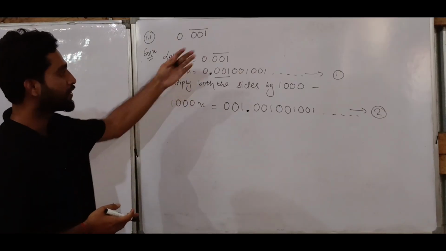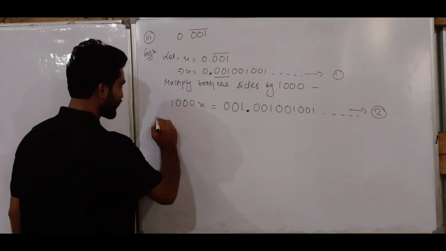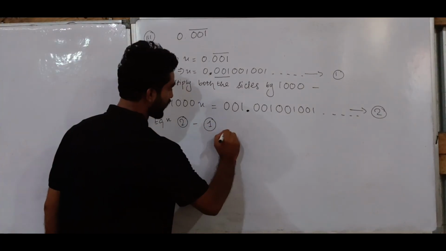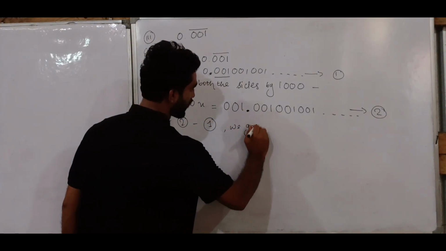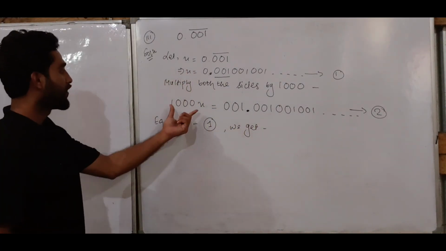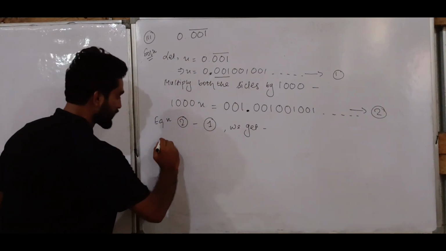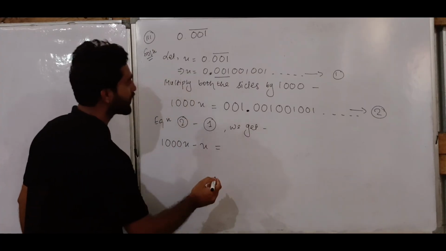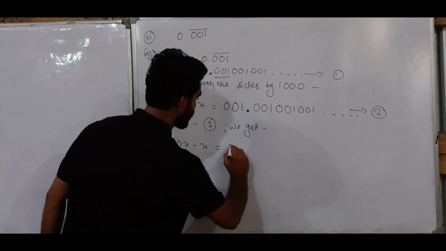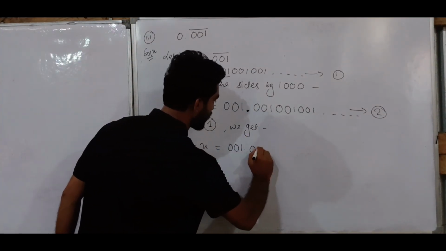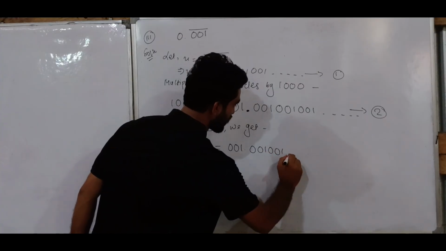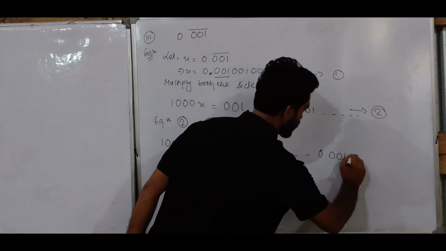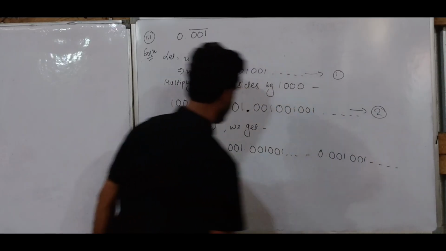Now we will be subtracting the equation 1 from 2. So we can write equation 2 minus 1. So what will we get? 1000x minus x is equal to 001.001, 001 dot dot dot minus 0 point 001 like this.